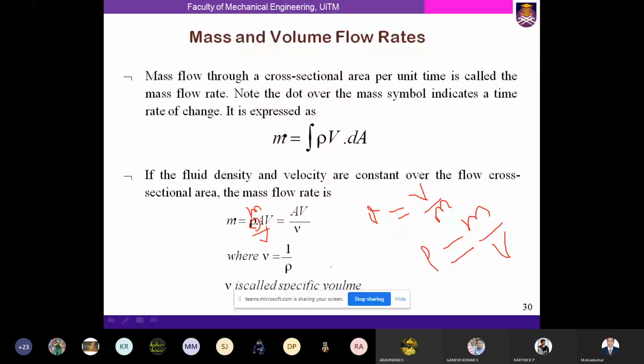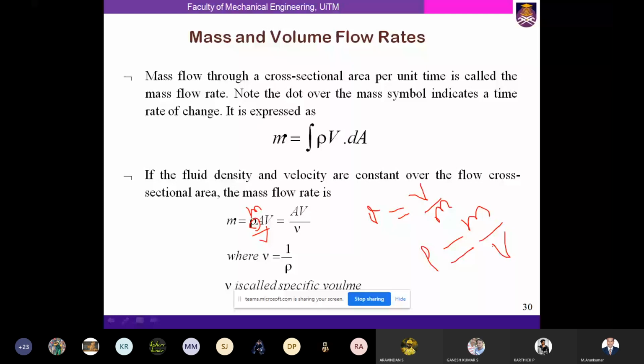So we can have the equation as mass by volume. So for volume, we can put these values.